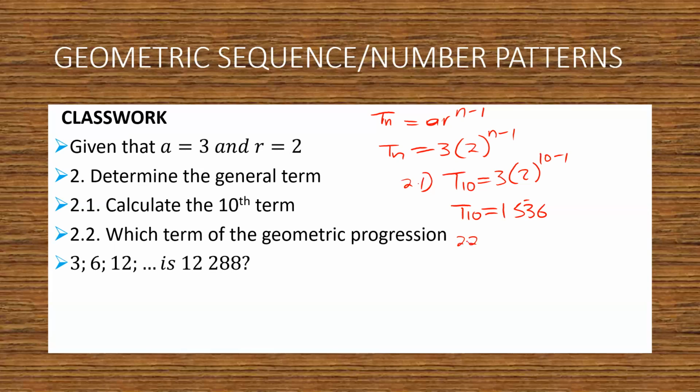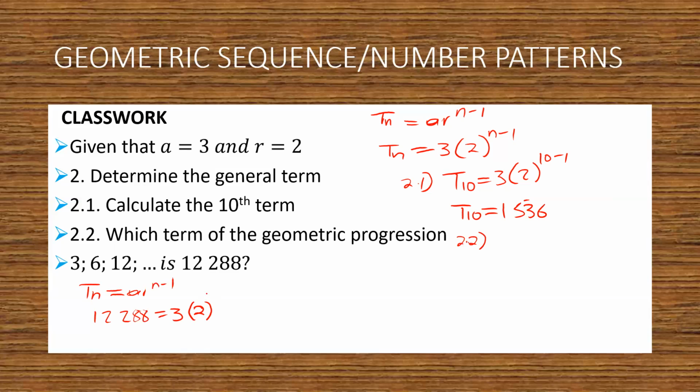How do we do 2.2? I wrote Tn equals A R to the power of n minus 1. Yes. And then the next part I wrote 12,288 equals 3, and then in brackets R is T2 divided by T1, which is 2, right?